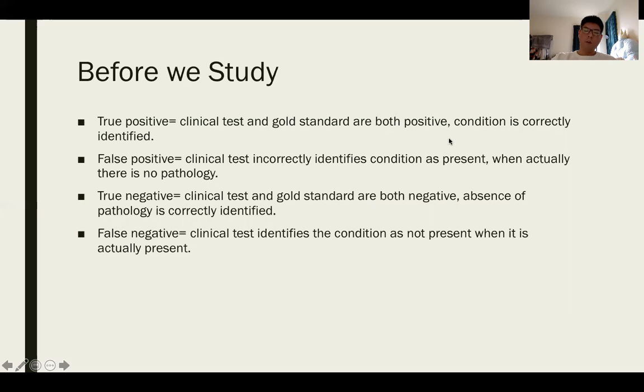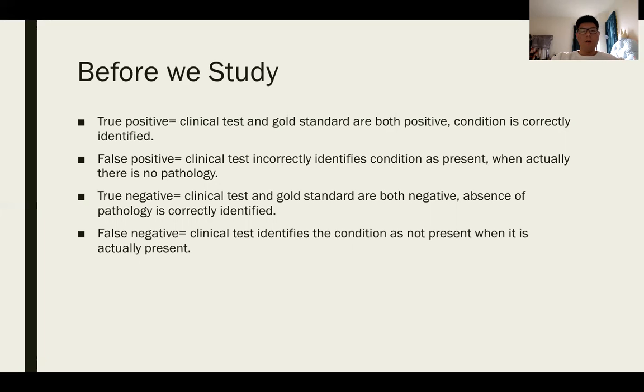For example, if you perform a special test, let's see the anterior drawer, which is the special test for an ACL tear. We're going to talk a little more about it afterwards, so we just take this as an example.